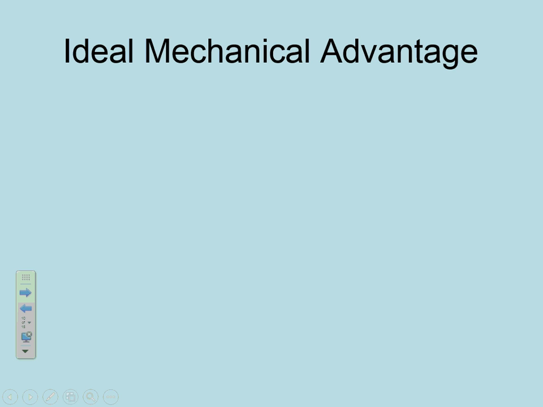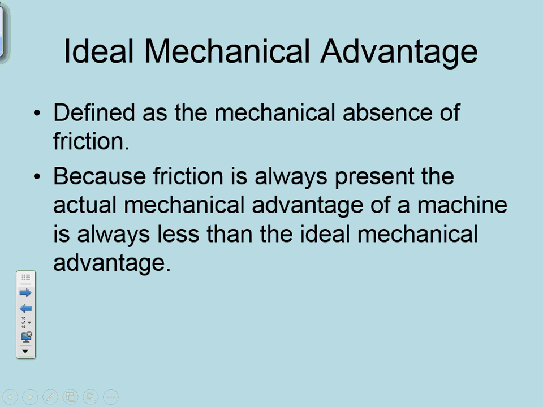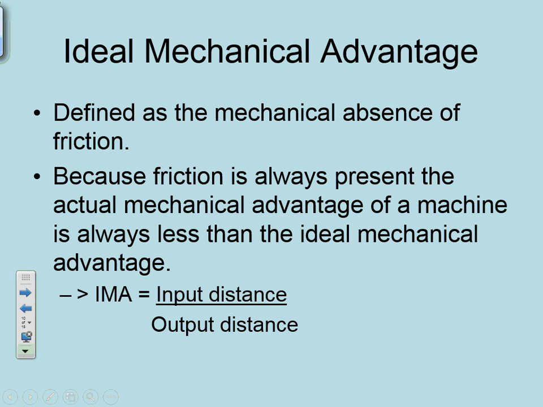So what we're going to use ideal mechanical advantage for is a perfect world, which does not exist, because we have friction, heat, air resistance, everything that can slow down the process. In a perfect world, if we didn't have those things, how well would this machine function? That's ideal mechanical advantage.